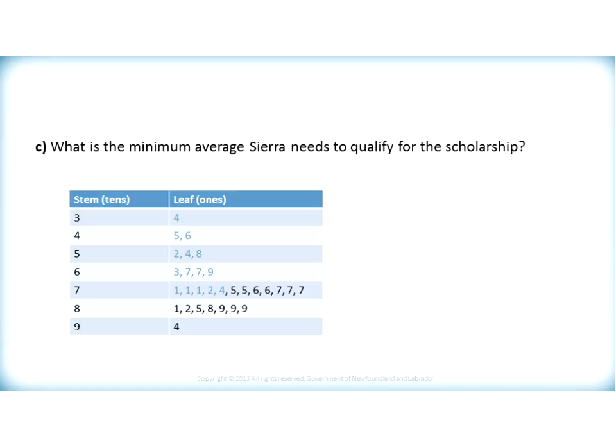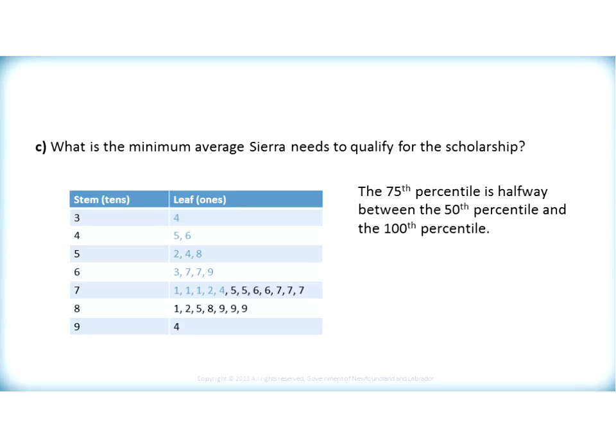Here we go. All right. The minimum average she needs is the 75th percentile, and the 75th percentile would be halfway between the 50th and the 100th percentile. 75 is halfway between 50 and 100.